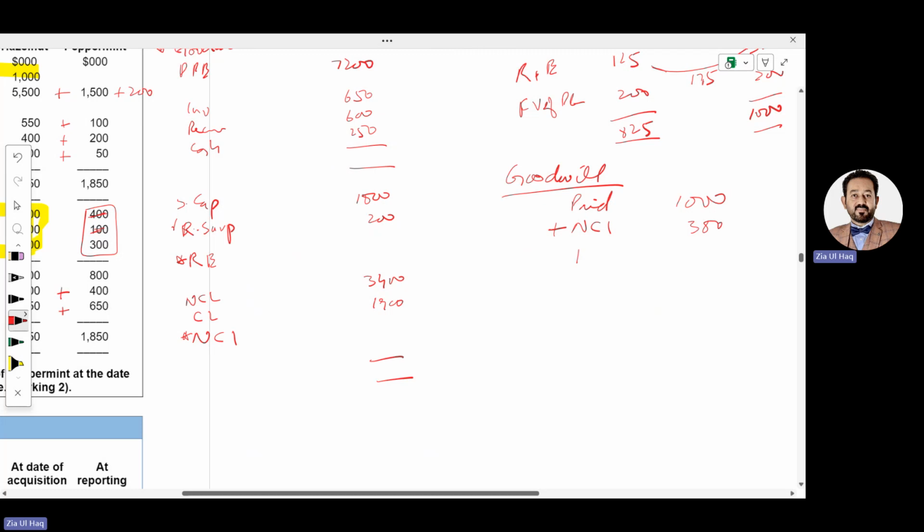And what is the fair value of assets? It is 825. Can you calculate goodwill for me? 1380 minus 825. Sir, it will be 380 plus 175.